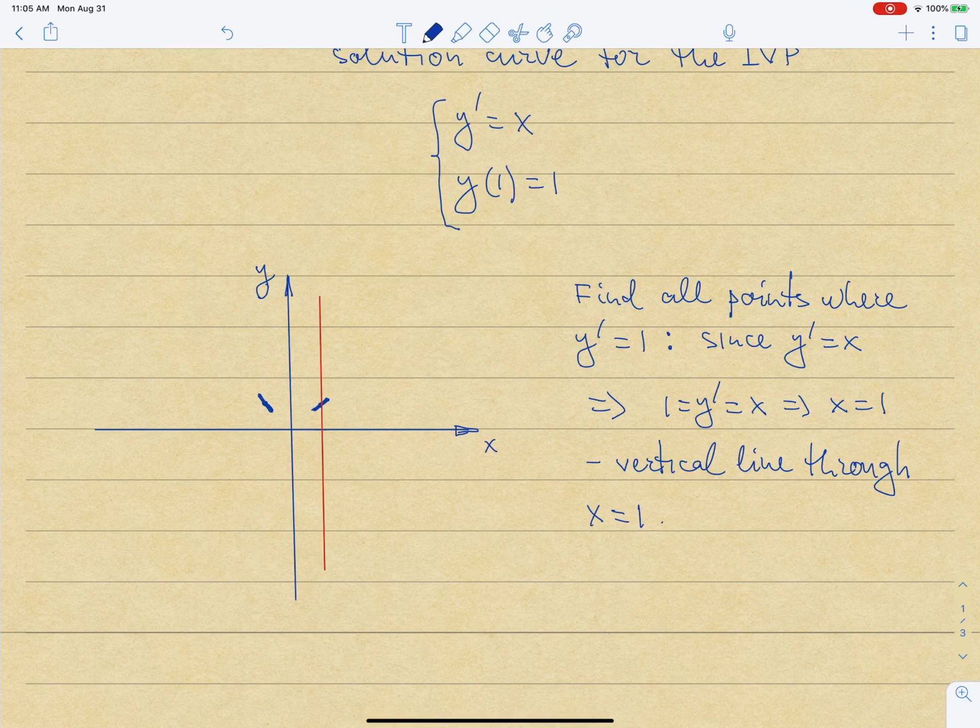So here the slope is 1, here the slope is 1, here it is 1, here it is 1. Here the slope is 1, so everywhere on this line the slope is 1.